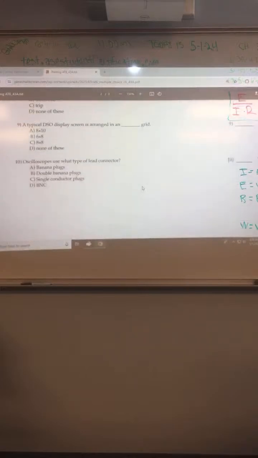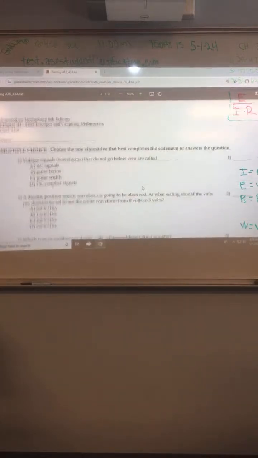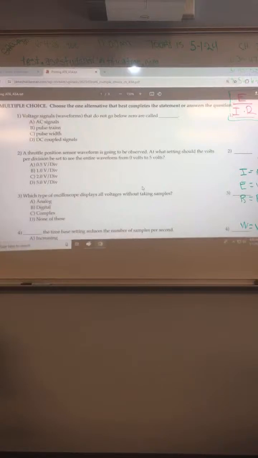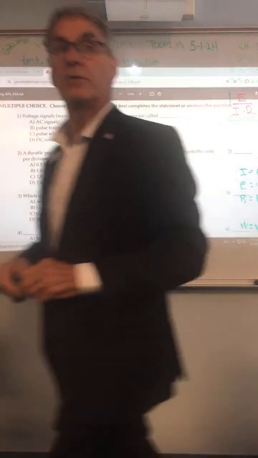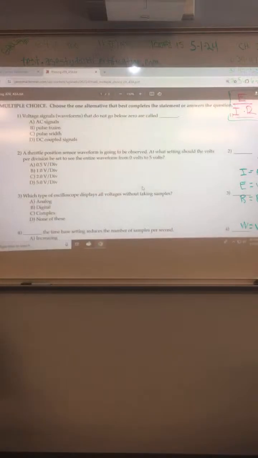I went back to AC, and the only thing that says anything about going under zero is in pulse trains, where it says DC voltage that varies up and down and does not go below zero. That's talking about the DC voltage. You're overthinking. Hey, that's your job. Yeah, I hear it.